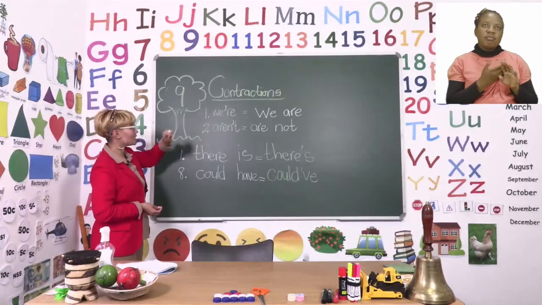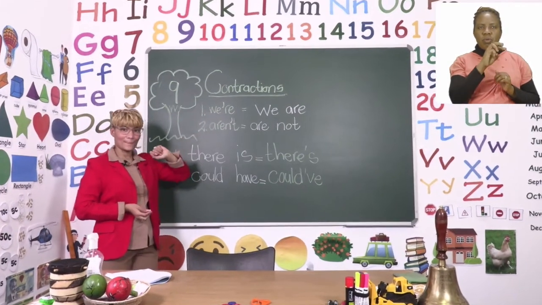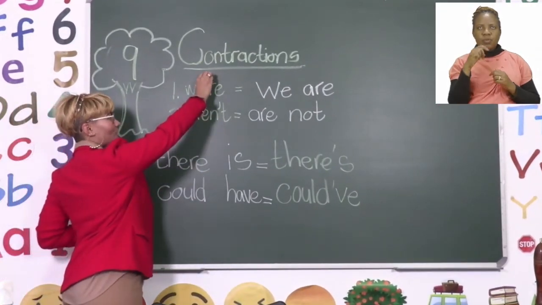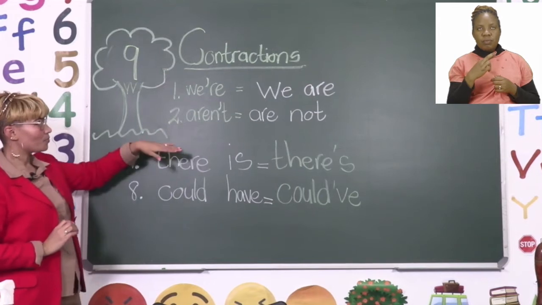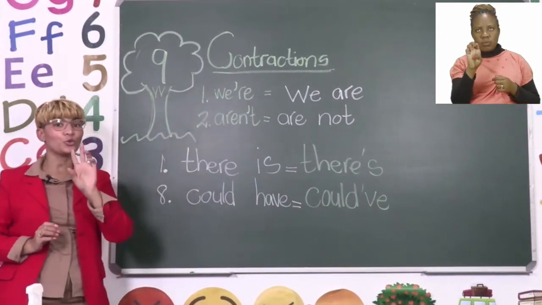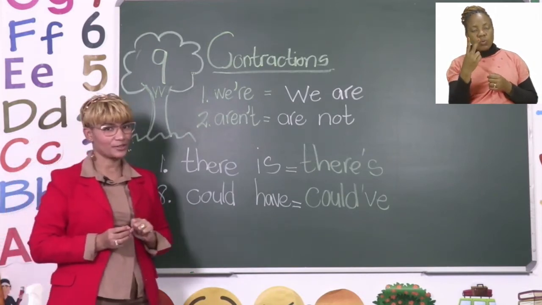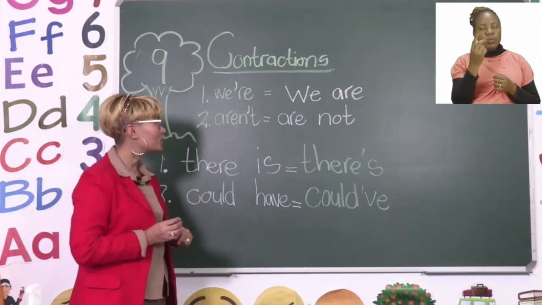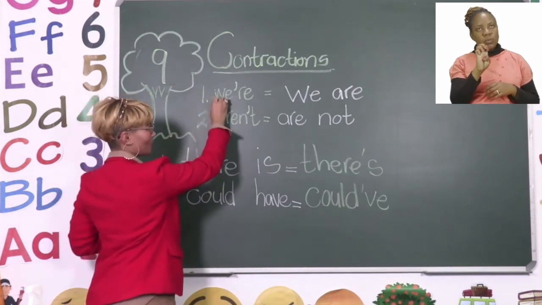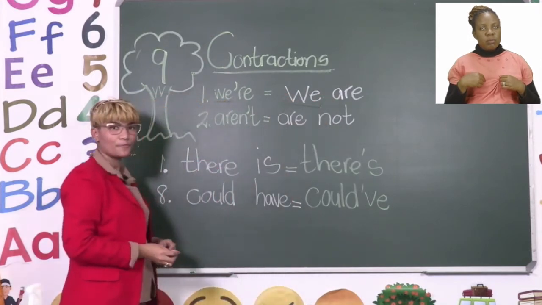The first word is the word we're. And here we have a contraction. So the word we're is actually two words that were put together as one word. And what are these two words? We is the first part. So the first word is we.